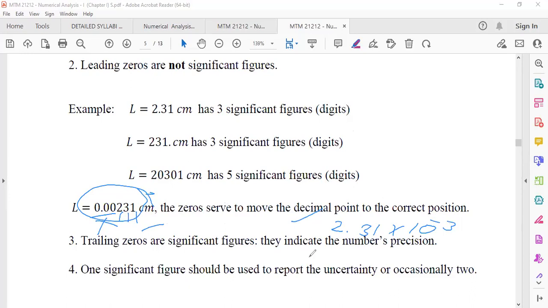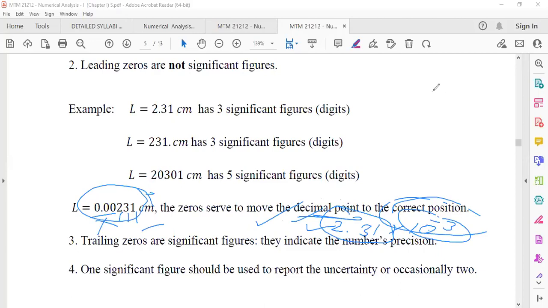Yeah. So from this, you can say there are only 3 leading zeros. If you put the decimal point in the correct position, it will give you the correct significant value.